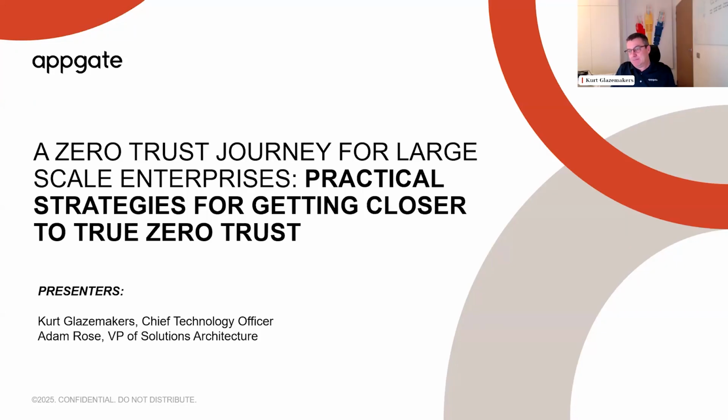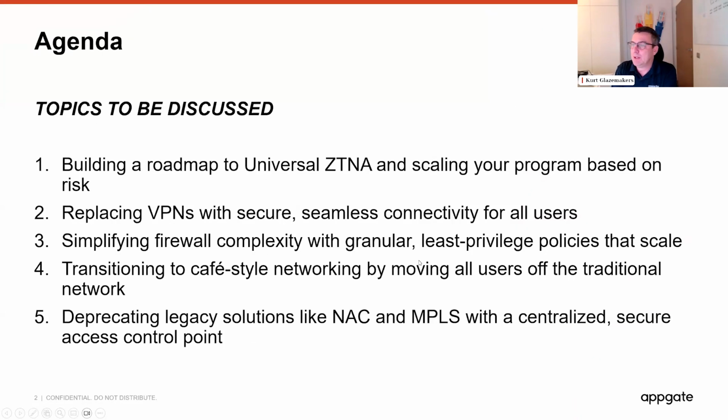All right. So a little bit of the agenda today is basically I want to follow the typical journey we see with our customer base. So let's see if I can actually change the slides here. Here we go. So basically the typical journey we see is we start building out a roadmap for Universal ZTNA, and based on the requirements customers have, we start scaling and identify the risk during the process.